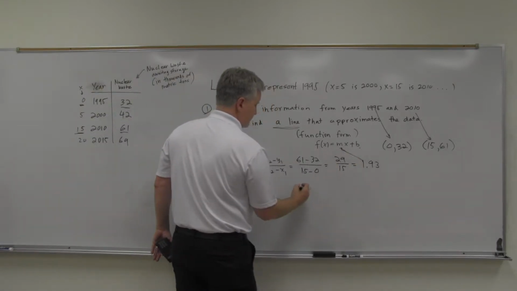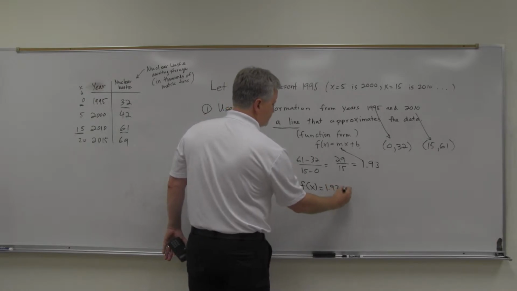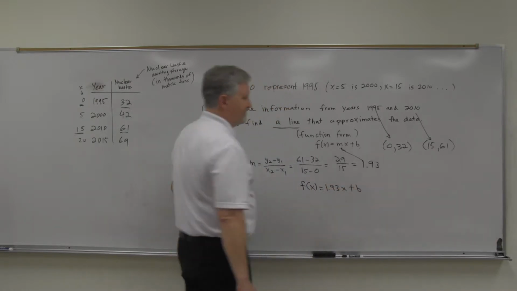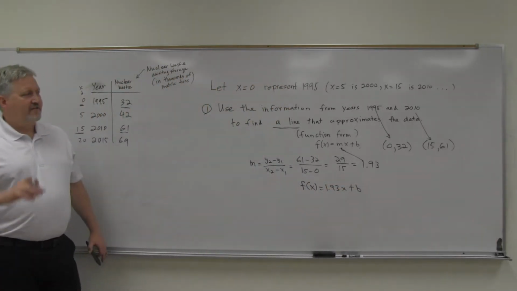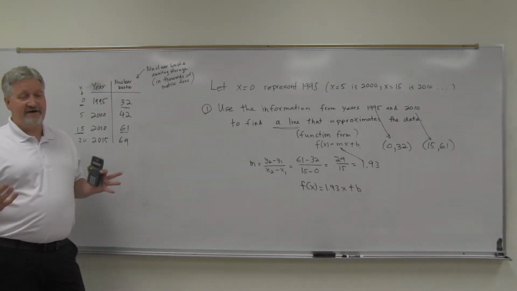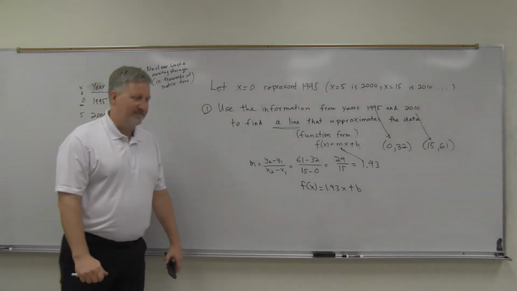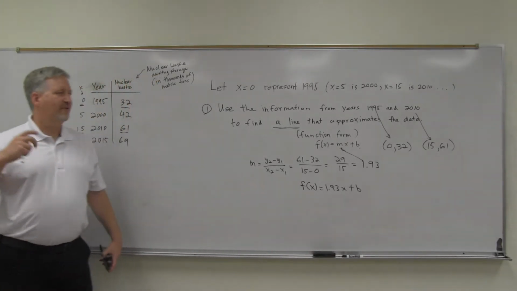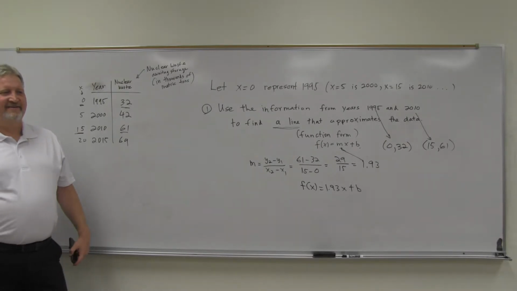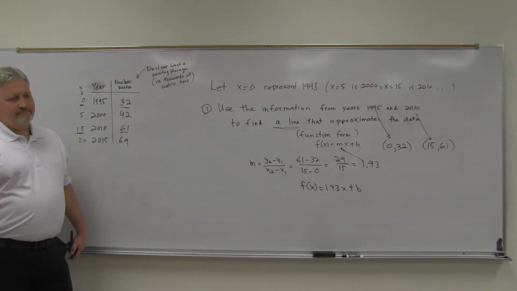So we've got a good start here. We've got f of x equals 1.93x plus b. And what's b here? The y-intercept, which would be where x is 0.